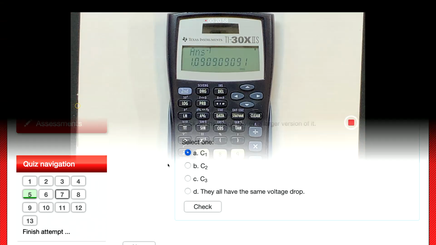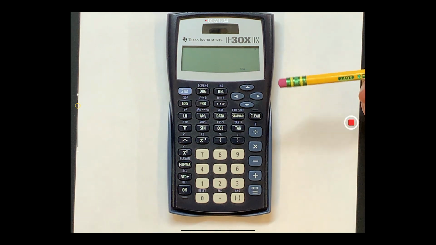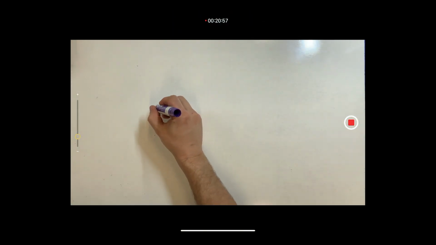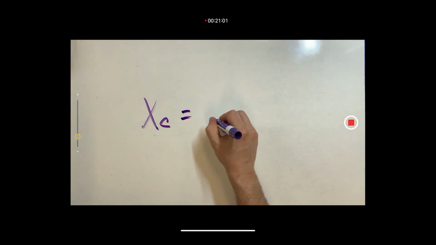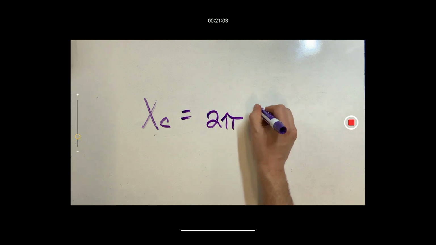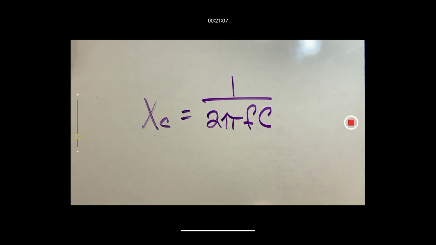So going over to our calculator, let me clear out what we have been working on before. Now what we're going to factor is our capacitive reactance formula. And again, real quick, capacitive reactance is equal to 2 pi FC reciprocal.